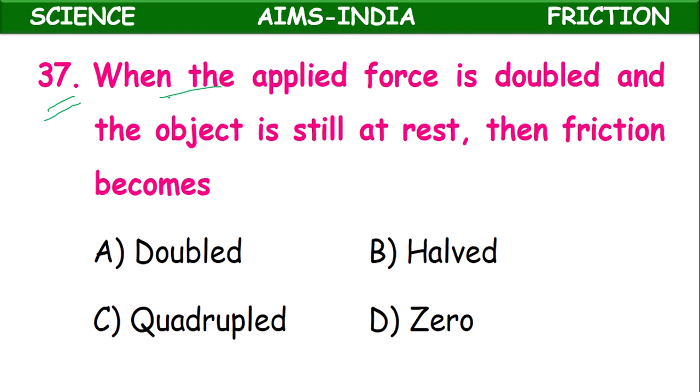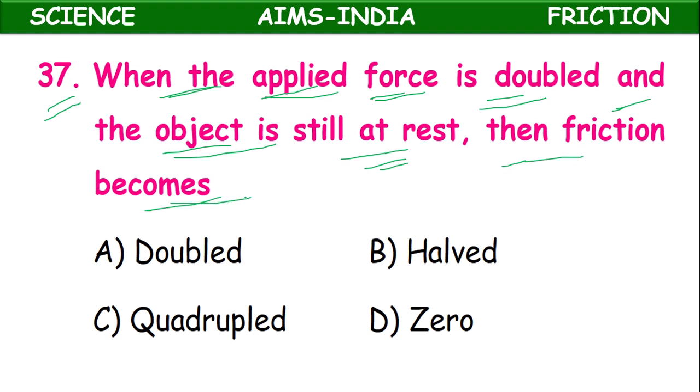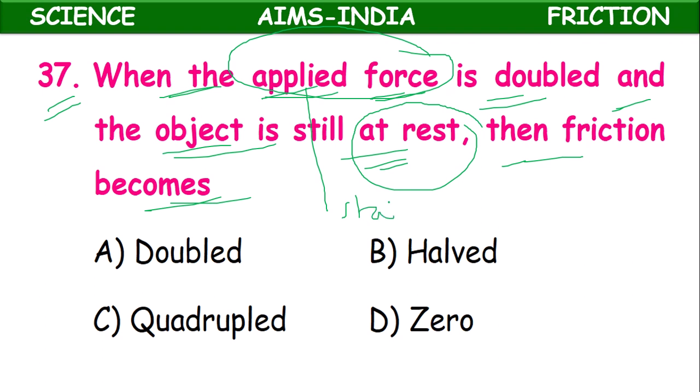37. When the applied force is doubled and still the object is at rest, then friction becomes? As long as the object is at rest, whatever applied force we apply, the total applied force will be turned into static frictional force.